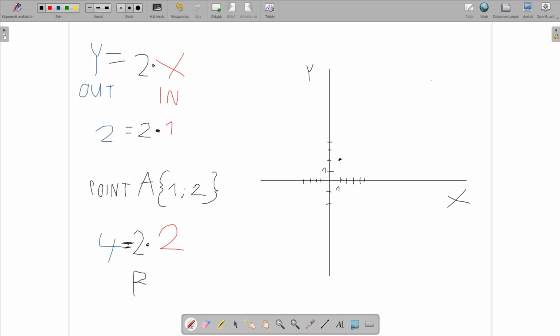Let's call this point B. So here was point A, and we have point B. Point B will have an x coordinate of 2 and a y coordinate of 4.